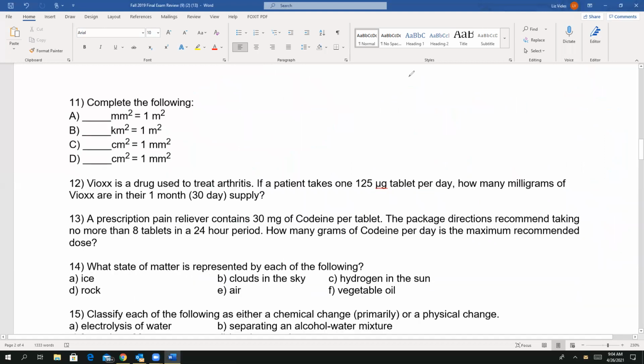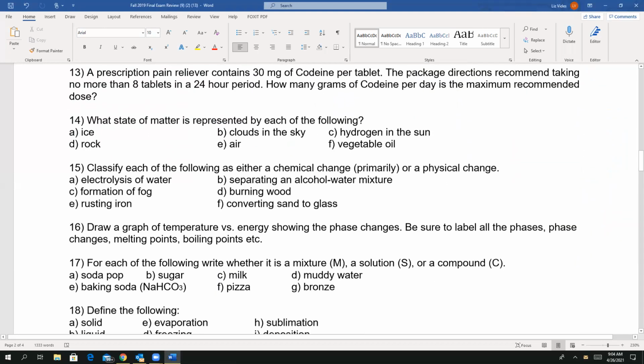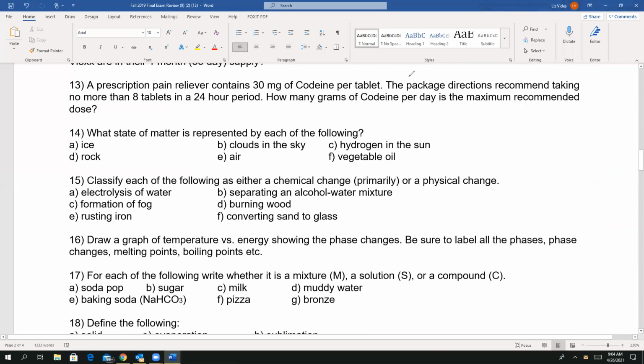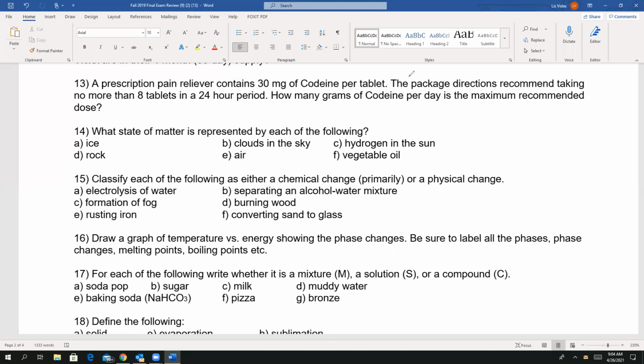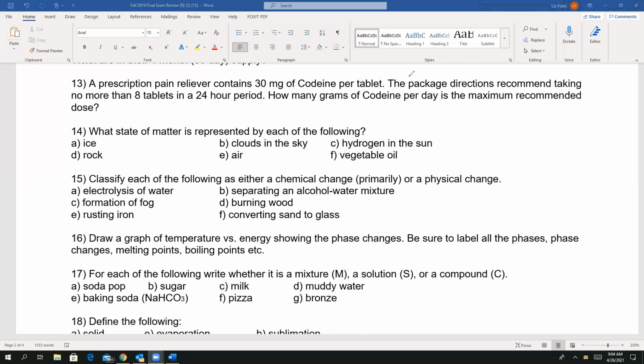Okay, for the next one, I think it's easy enough for you to know. Which state of matter is represented by each of the following? You guys tell me. Ice would be what?